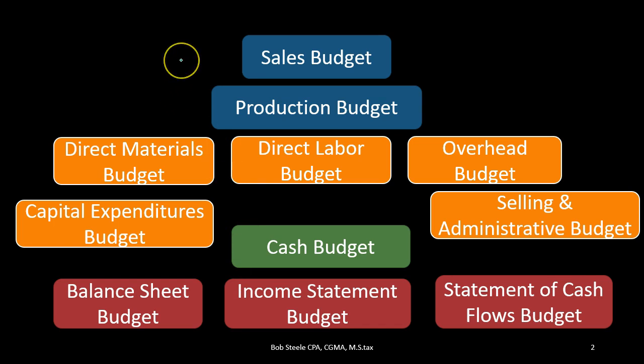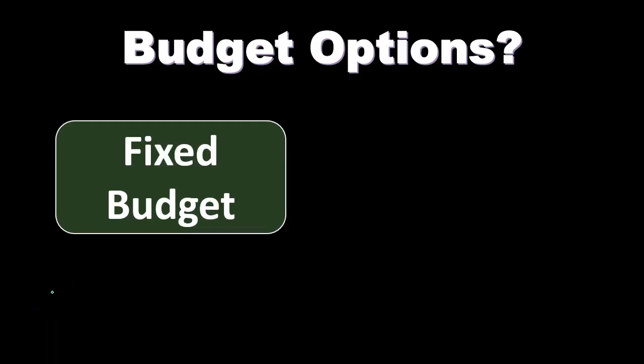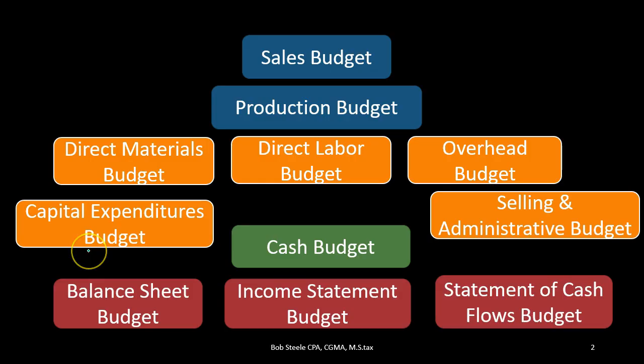So remember, when we think about the whole budgeting process for a master budget, we start with the sales budget. We need to know that first. We end up, in essence, with the budgeted financial statements: the budgeted balance sheet, the budgeted income statement, and the statement of cash flows. Budget options. We typically have the fixed budget. That's what we concentrated on last time, going through each of these components.